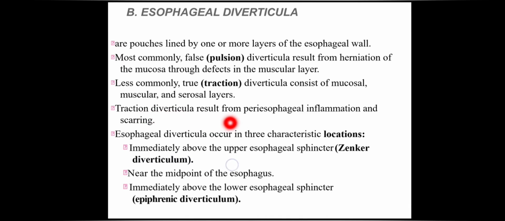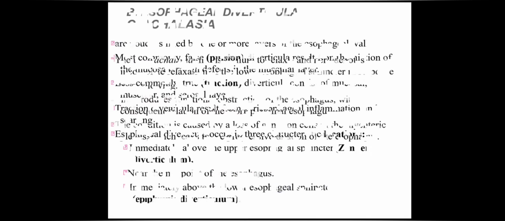Traction diverticula result from periesophageal inflammation and scarring. Esophageal diverticula occur in three characteristic locations: immediately above the upper esophageal sphincter, which is called Zenker's diverticulum, near the midpoint of the esophagus, and immediately above the lower esophageal sphincter, which is called epiphrenic diverticulum.